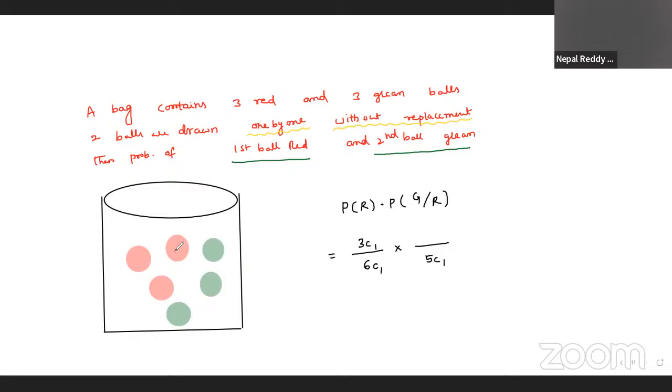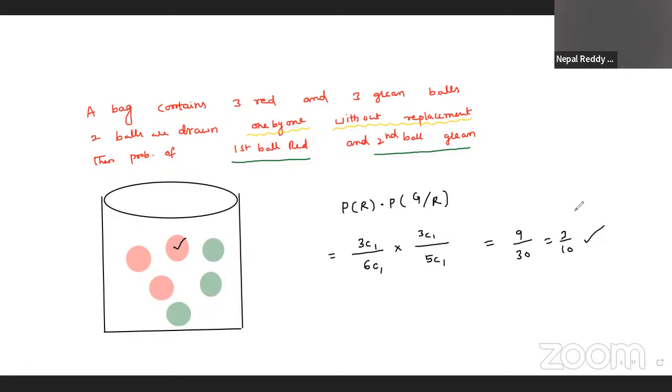Already 1 red ball is drawn, therefore from the remaining 2 red balls, so that you will get 5 in the denominator part. But now you need to draw a green colored ball. How many green are here? Total there are 3 green, so that 3C1 in the numerator part. 3C1 is 3, and 6C1 into 5C1, 6 into 5, is 30. So the solution is 3 divided by 10.